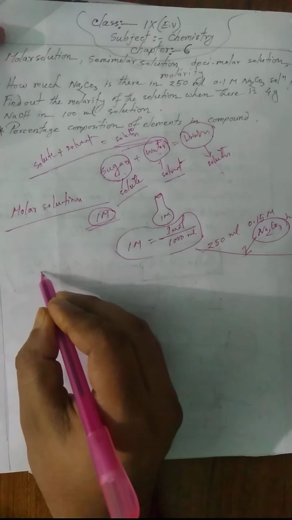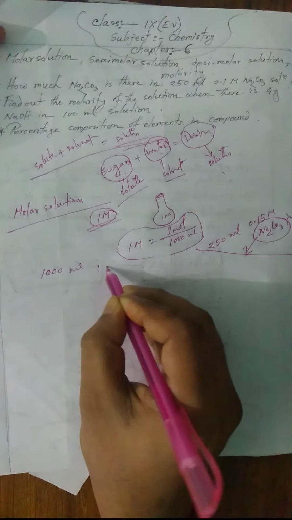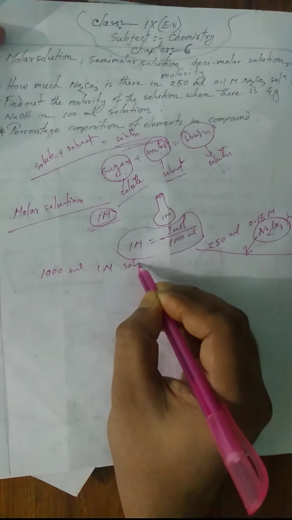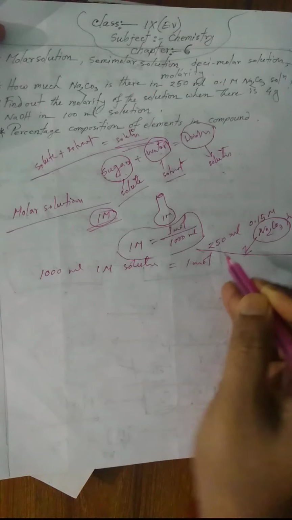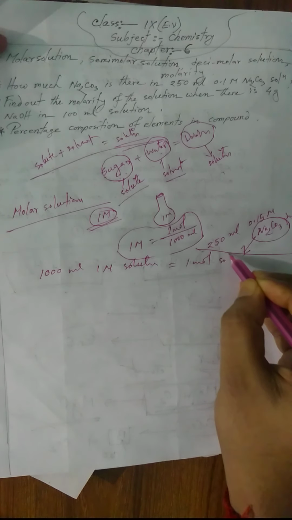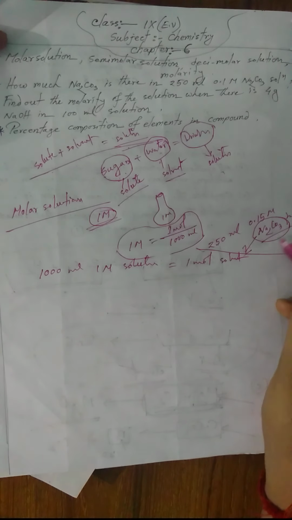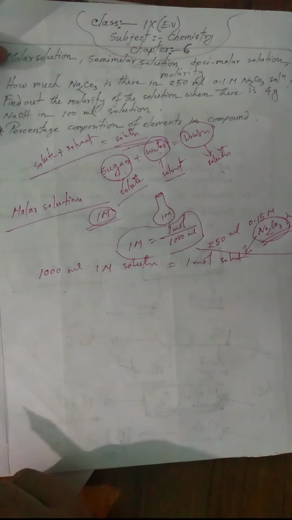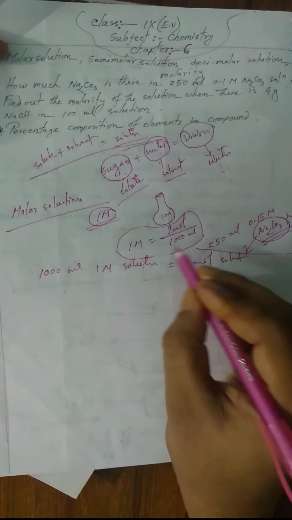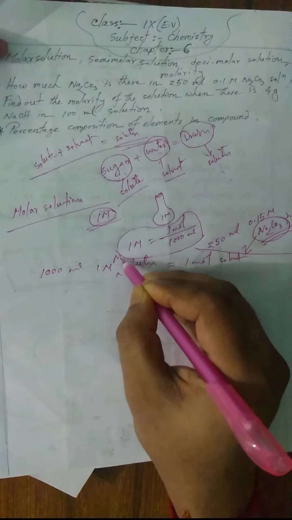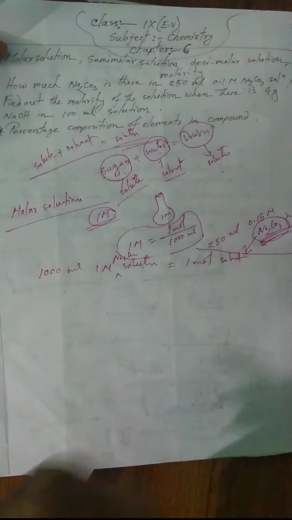So 1000 ml 1 molar solution is equal to 1 mole of solute. So here solution will be 1 molar sodium carbonate solution, and solute will be sodium carbonate.